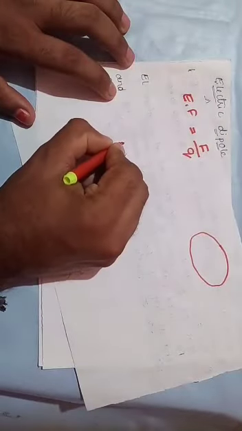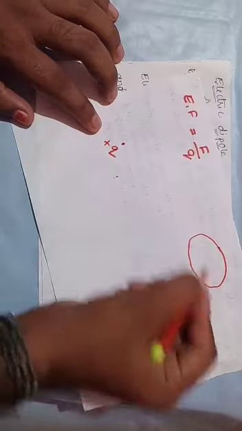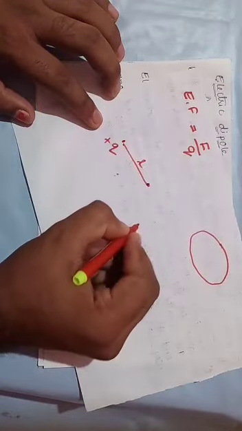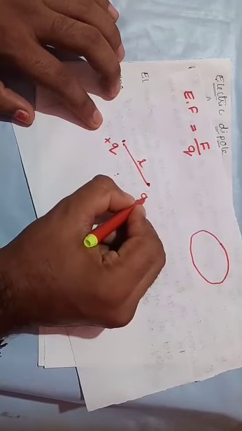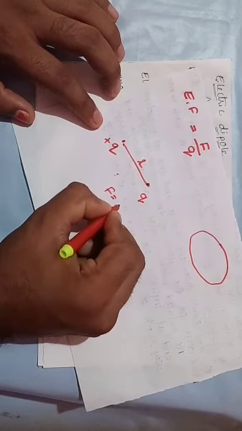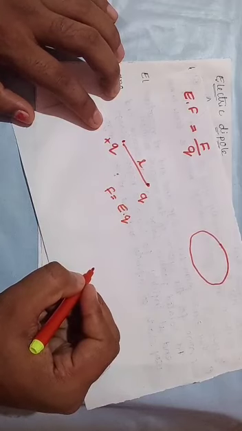For example, let us consider a charge plus q here. Now you are bringing one more charge from infinity to a distance of r. Let this charge be q. Then the force experienced by this charge is given by F equals E into Q, by the definition of electric field.